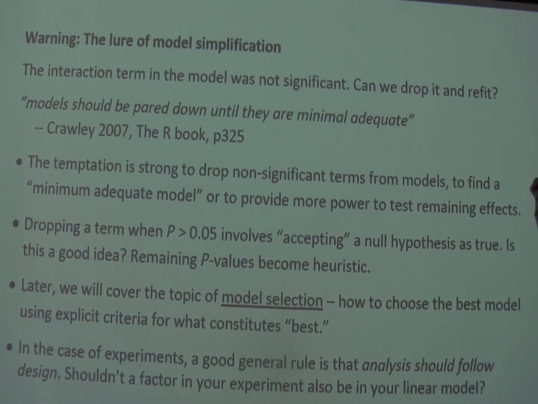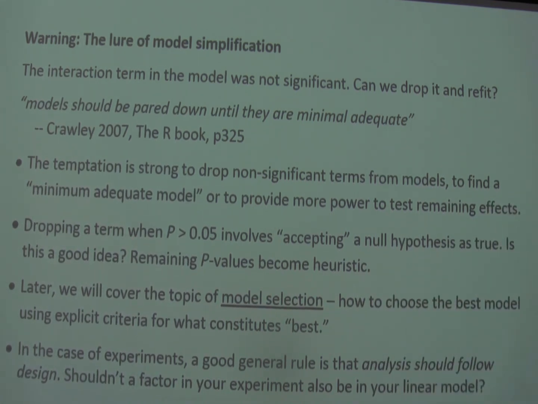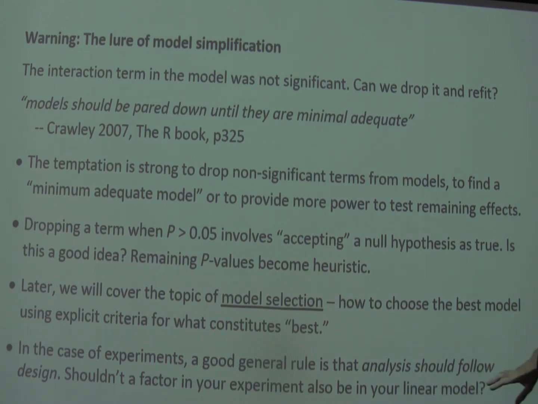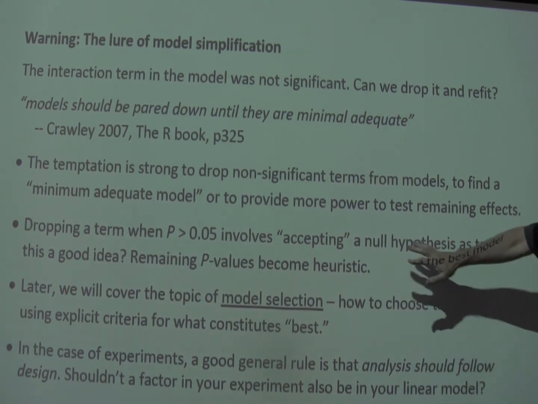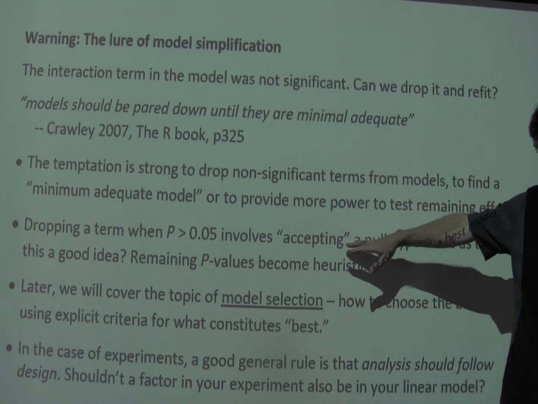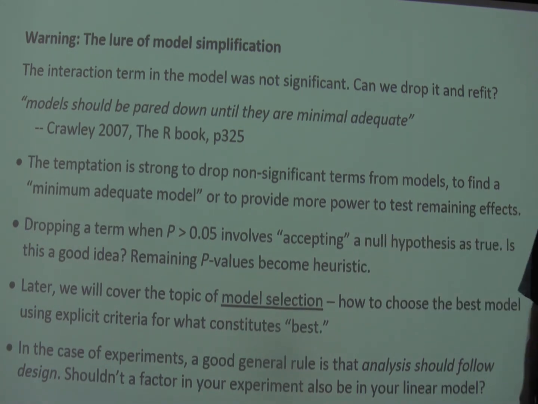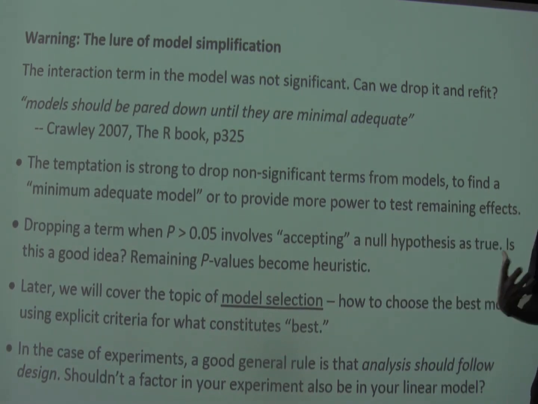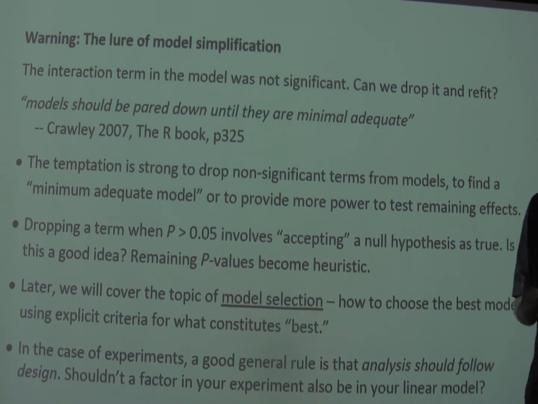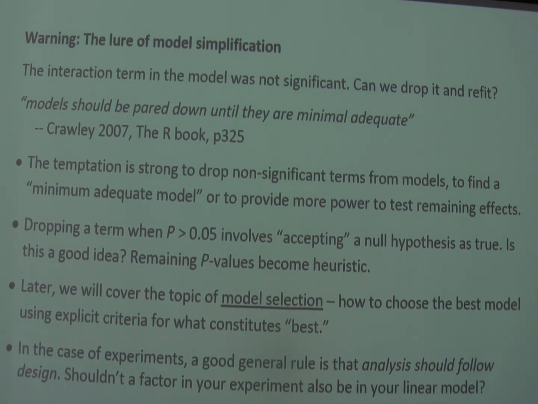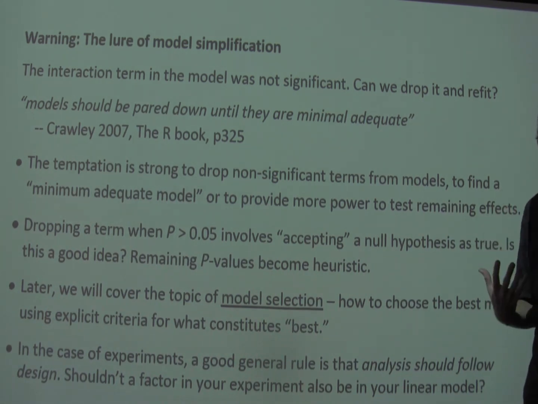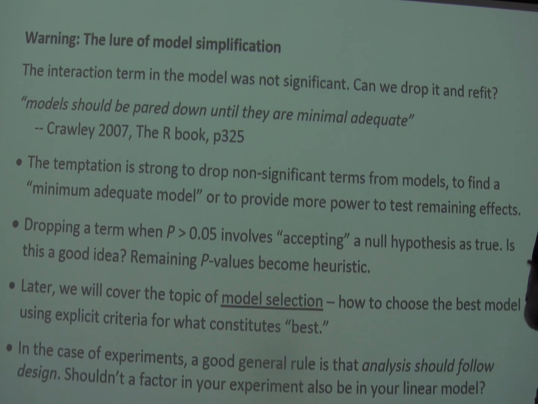How do you choose that best model? In general, though, the problem with dropping a term involves accepting a null hypothesis. It involves concluding that the coefficient really is 0. And we've just heard a discussion on what to do with a non-significant result, and the fact that a non-significant result is actually ambiguous. It doesn't mean the null hypothesis is true at all.